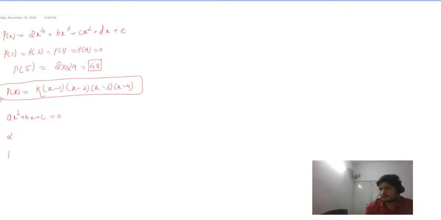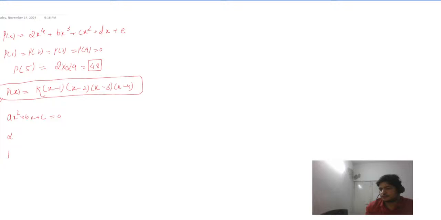Now the next one that we can write is ax to the power 4 plus bx cube plus cx square plus dx plus e, equal to 0. Here we can write alpha, beta, gamma and delta. Four roots are there. First, alpha plus beta plus gamma plus delta will become minus b by a. Then alpha beta: here one more thing you can see. First we take two roots, then three, then four.